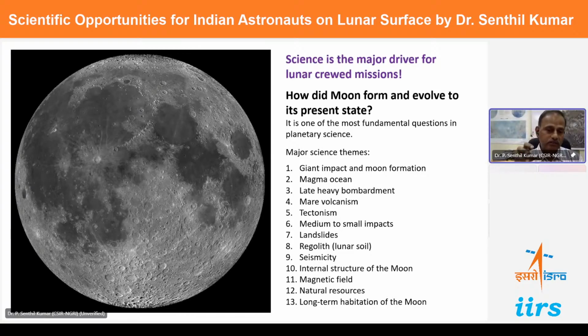Because we are dealing with the lunar regolith first. Then another topic called seismicity, the origin of moonquakes. It's very important because it helps to image the interior of the moon. The internal structure of the moon is also very important, which has to be studied by the astronauts.